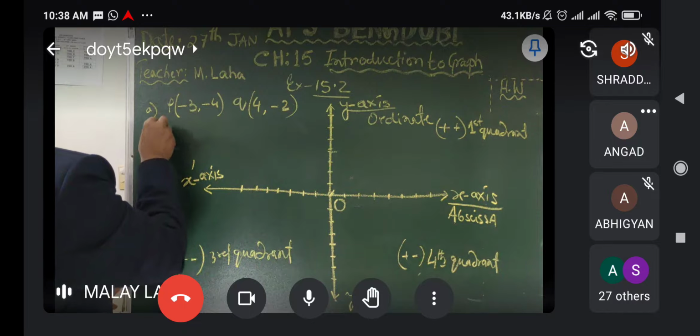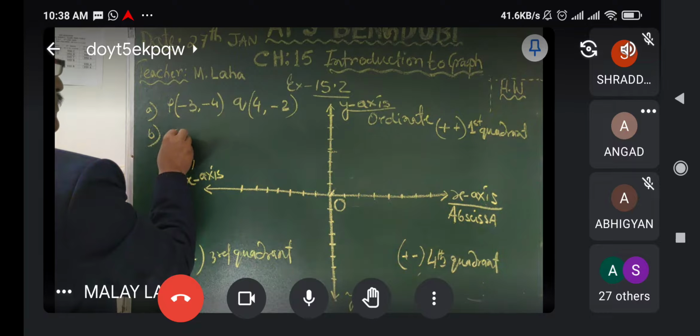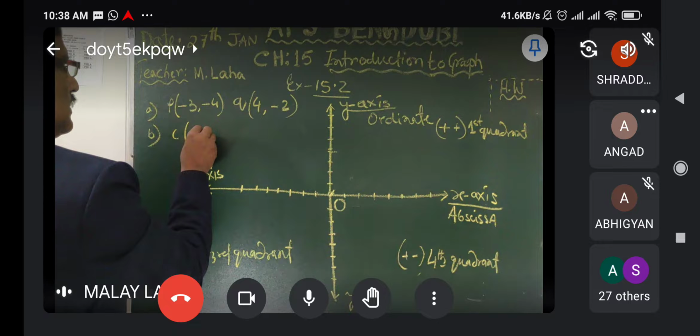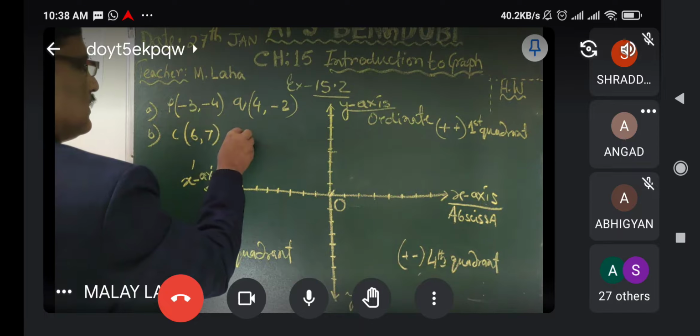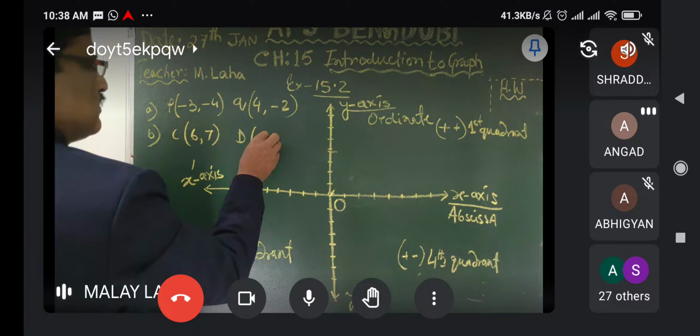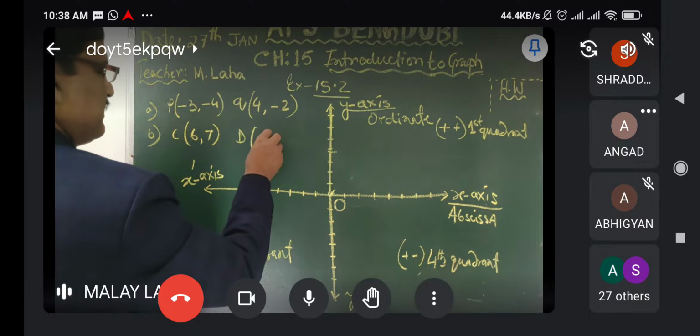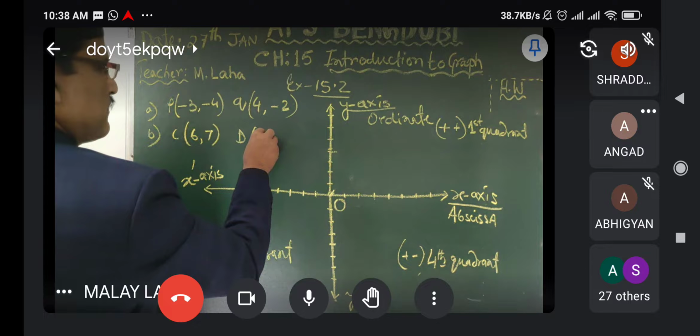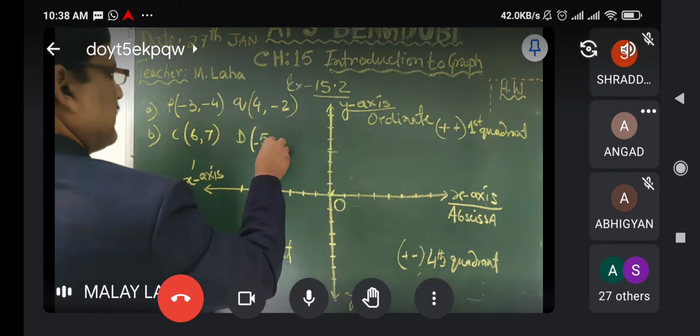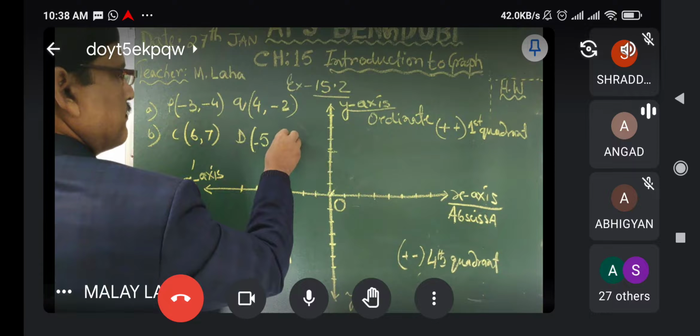Then point C, its value is 6, 7. D, its value is minus 5, plus 4.